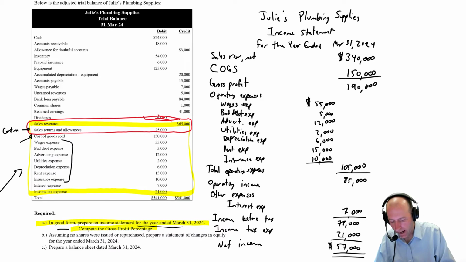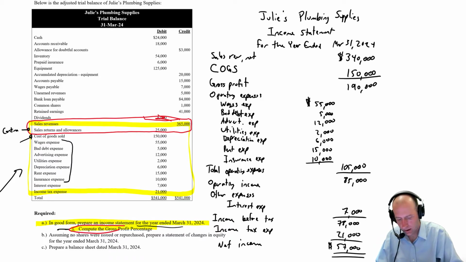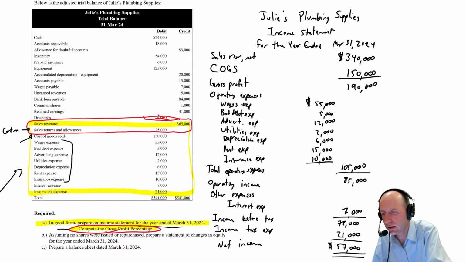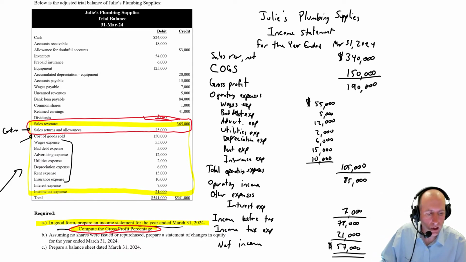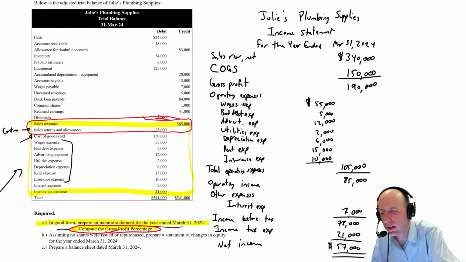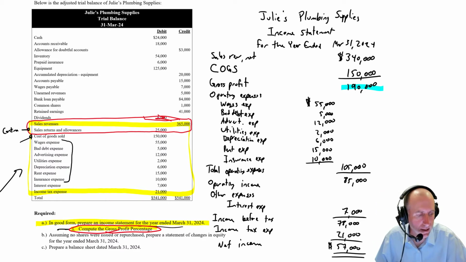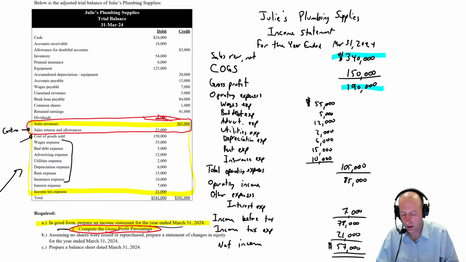Part I of this question, just circle it in red, says compute the gross profit percentage. So we know our gross profit is right here. It's 190. And the gross profit percentage is just the gross profit divided by the sales, and the sales in this case are 340.